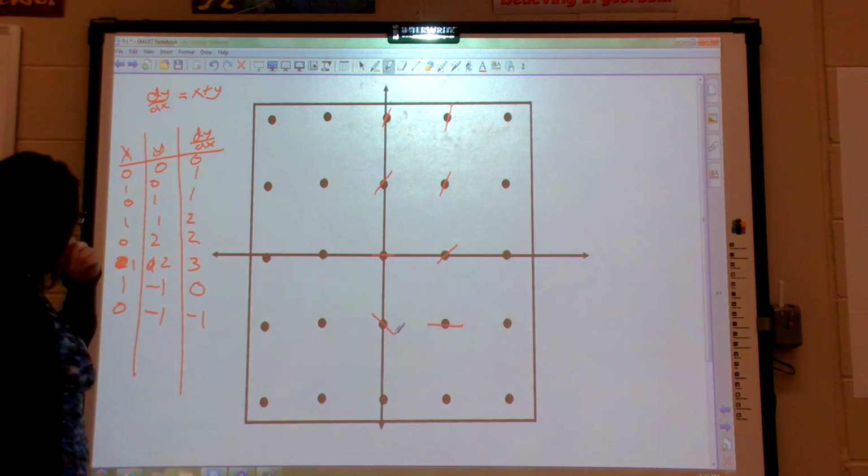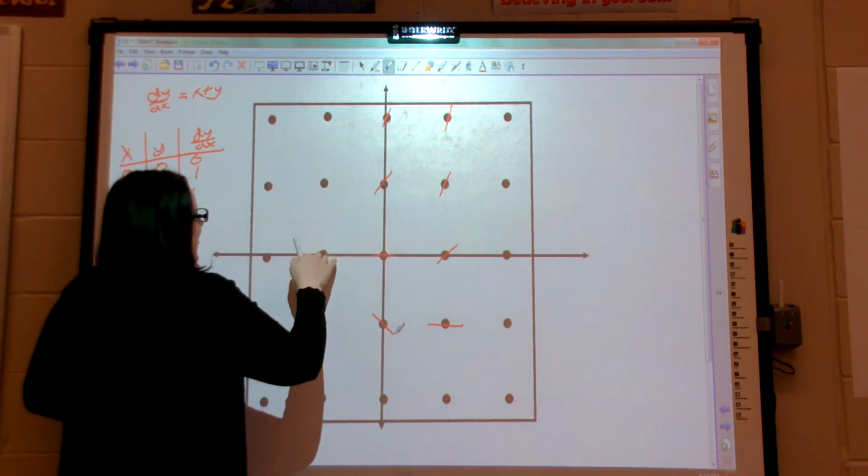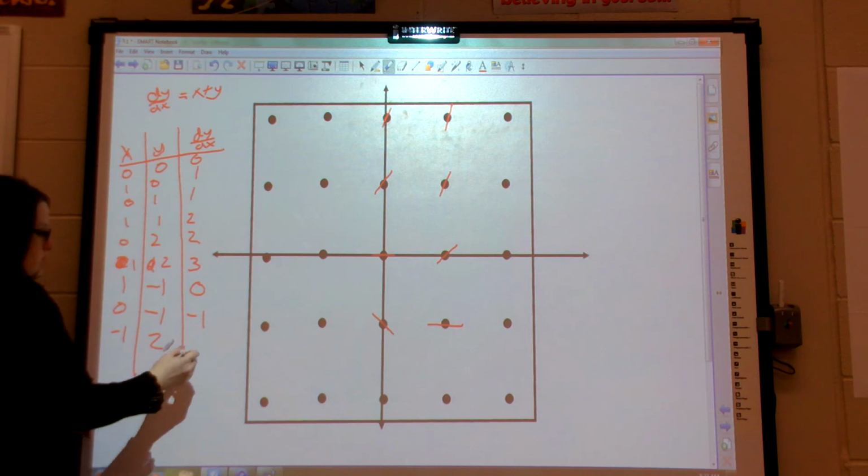I know it's tedious, but all right. So let's do up here. This is the point -1, 2. So my slope is 1.